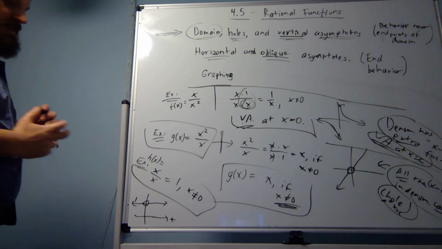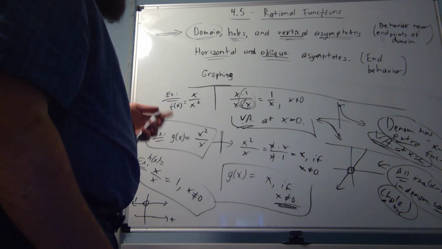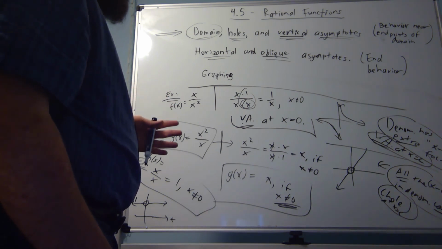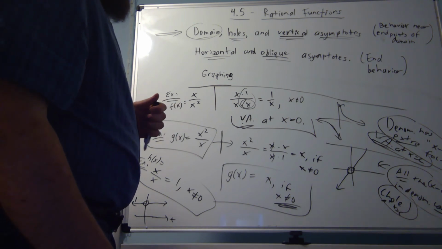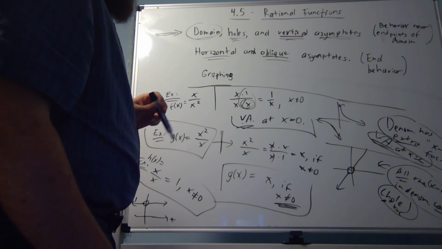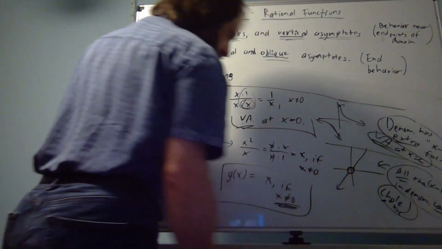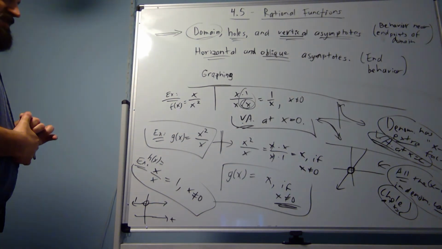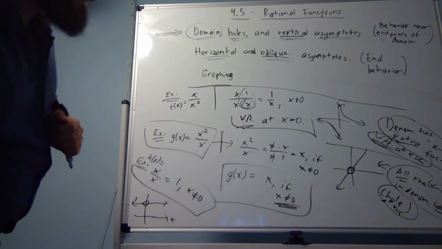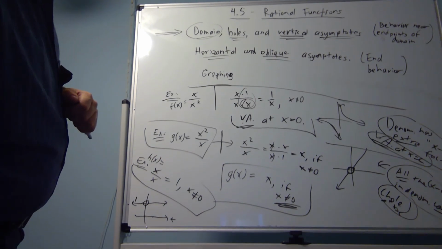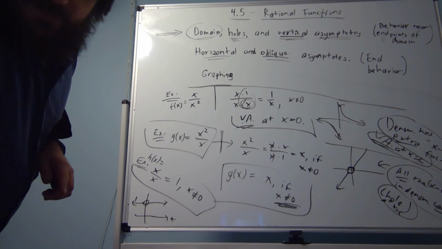But if all of the x minus c's in the denominator cancel with x minus c's in the numerator, and the resulting function is not divided by 0, then you can evaluate it, but you have to put an open circle representing the fact that the original function is 0 over 0. It's just that you canceled all of the factors that led to that. So that's roughly the idea. That's long enough, so let's call it.